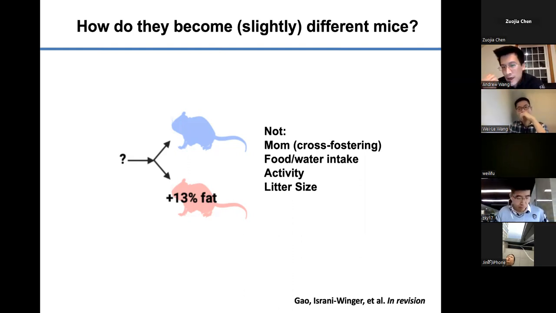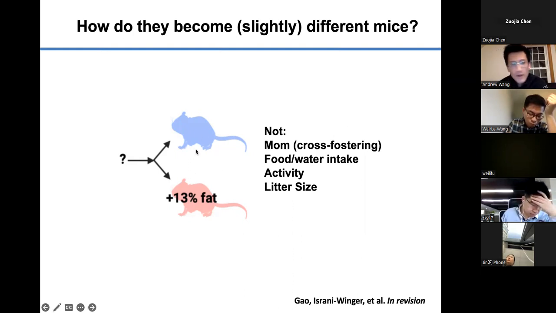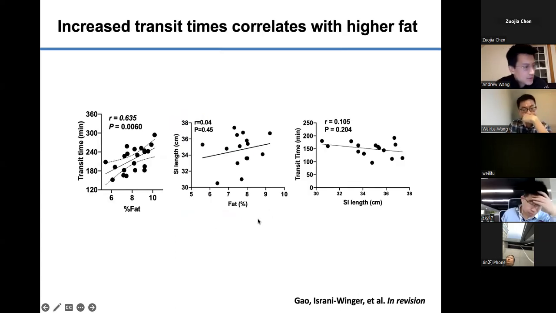And it was not food and water intake, activity, litter size, or the mom. We were very careful at looking at a lot of different types of things that might end up leading to this divergence in body fat composition.